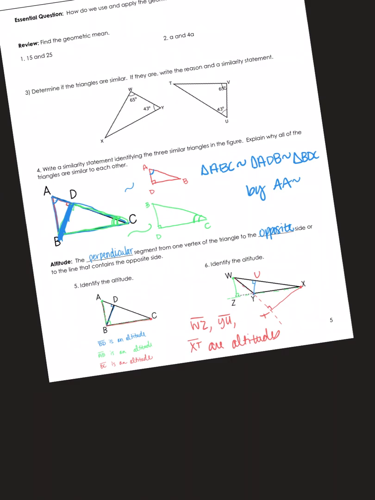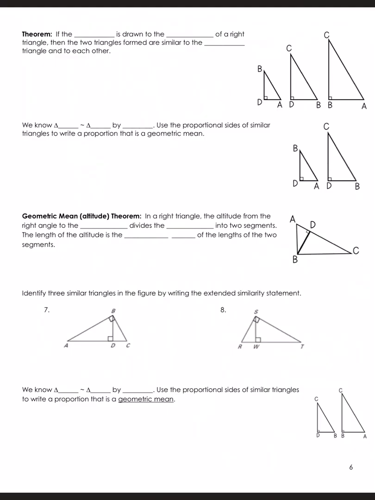All right, so that's what an altitude is, and back to the idea of focusing on this line being an altitude in order to create three similar triangles. That is going to be the key we're doing next.